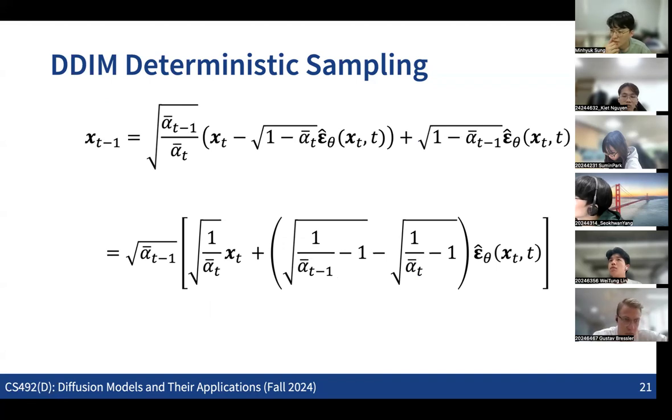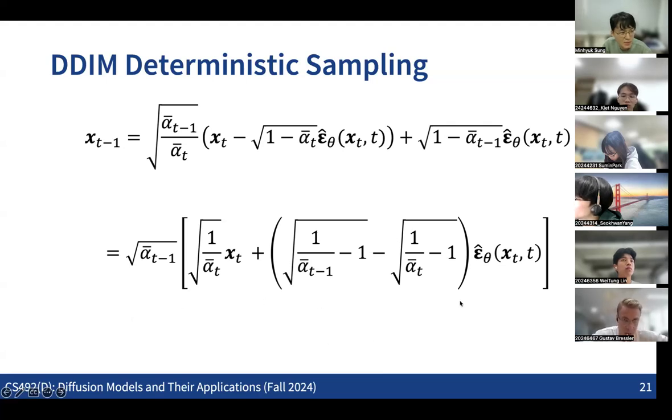So here, basically what we can say is that given x_t, using the epsilon prediction network, we can directly compute x_{t-1} in this specific case of deterministic sampling, when the variance is 0.